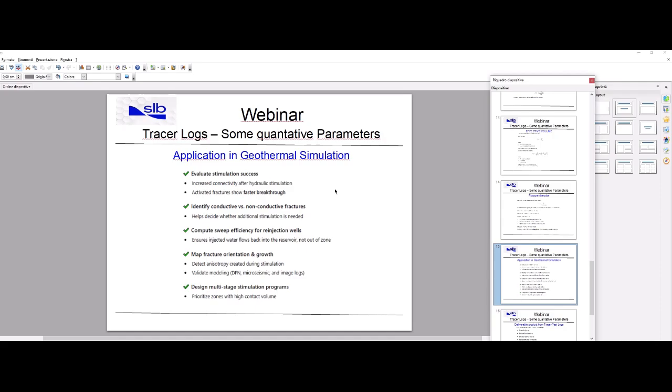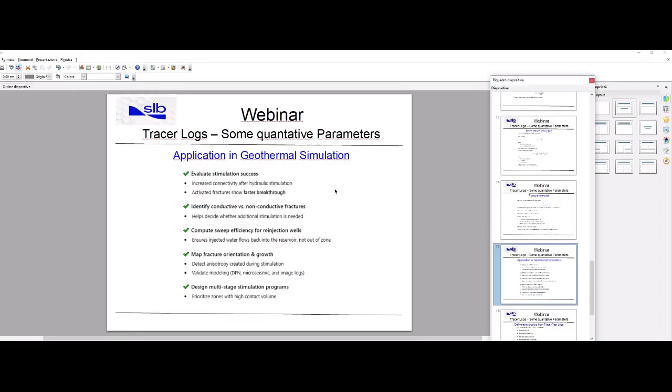So you can control the whole process, for example, of injection wells. The consequence is that we can map the fracture orientation and growth, the anisotropy created during stimulation. We can validate the modeling with microseismic images and image logs.